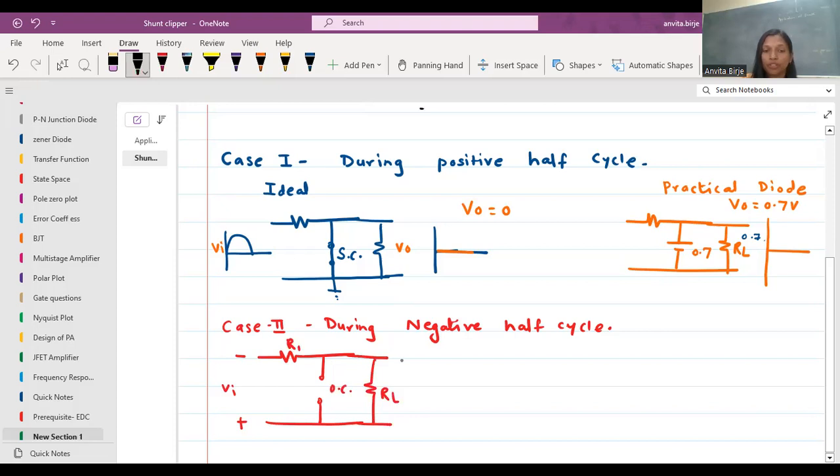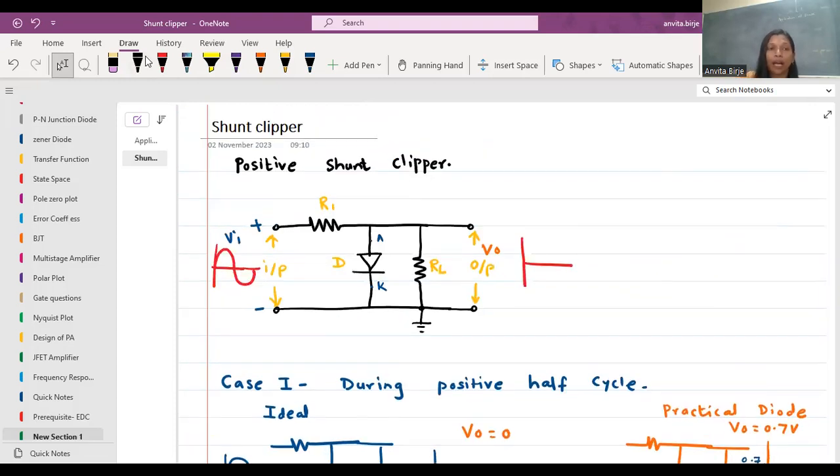If I'm checking the output at this end, what will I get? My output voltage is the voltage drop across RL divided by the total resistance R1 plus RL, into the input. Here we select the value of RL to be very high. Practically, when I'm performing this practical, I'll take RL as 100K and R1 as 1 kilo ohm.